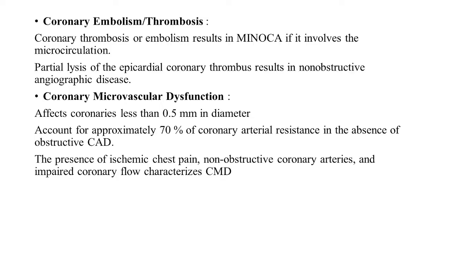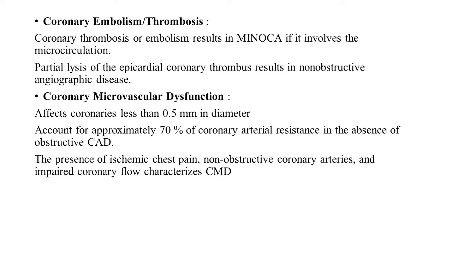If the spasm is less than 90%, it is a microvascular spasm, and if it is more than 90%, it is a macrovascular spasm. That is how they have defined coronary microvascular spasm and coronary macrovascular spasm.